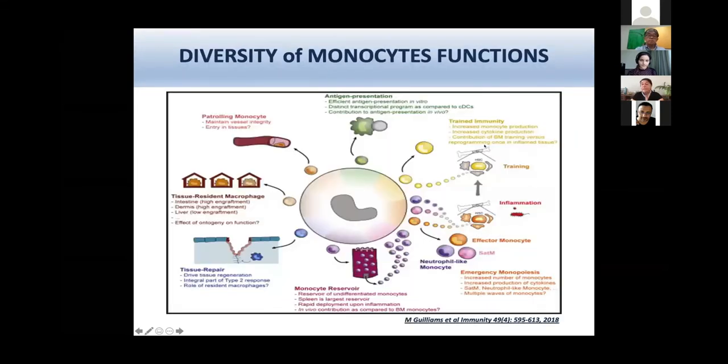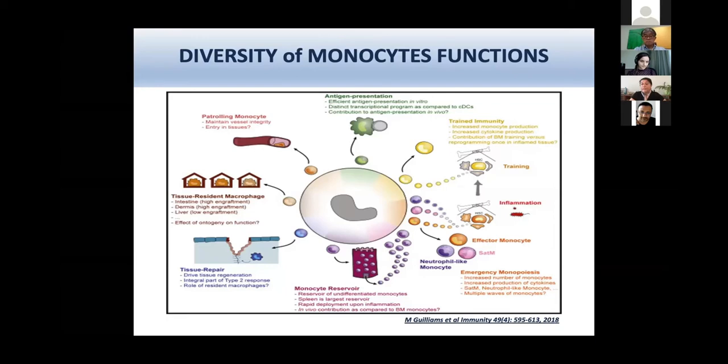Up to 10, 15 years ago, we only thought that the main function of monocytes was antigen presentation. But with the new knowledge in immunology, we have learned that they have a role in trained immunity.